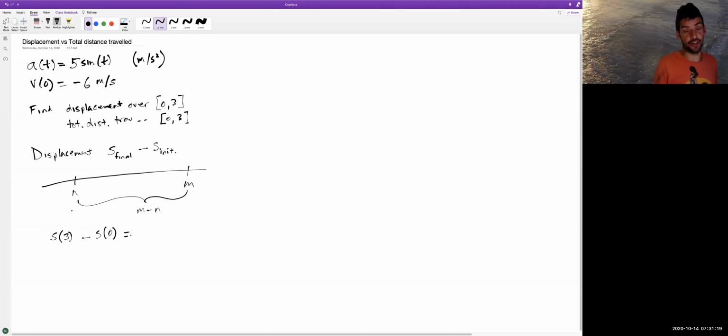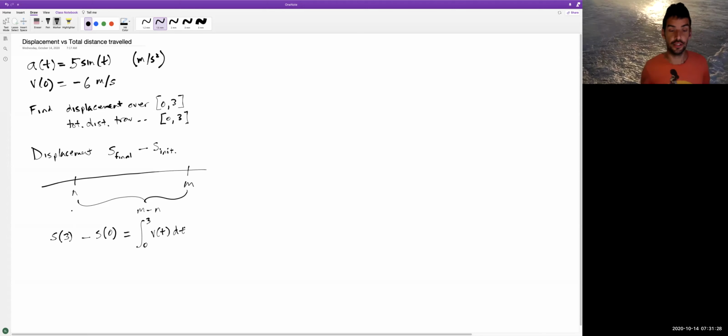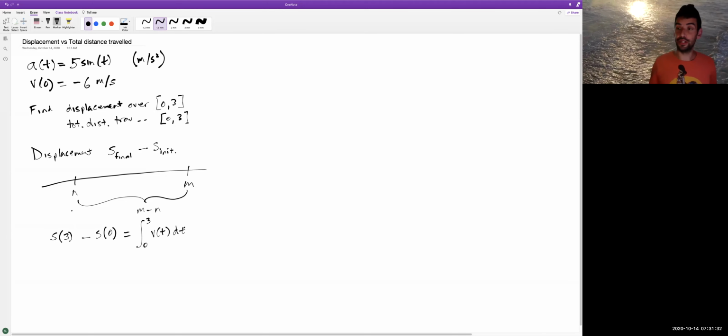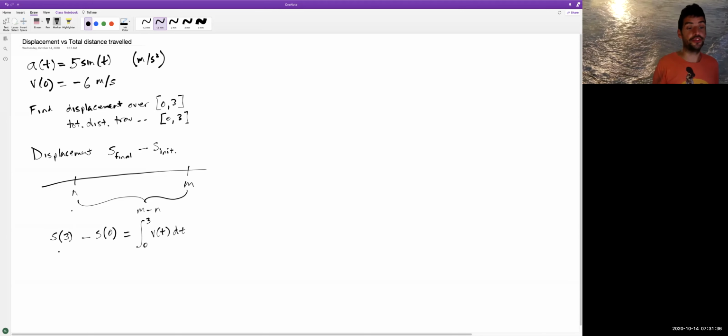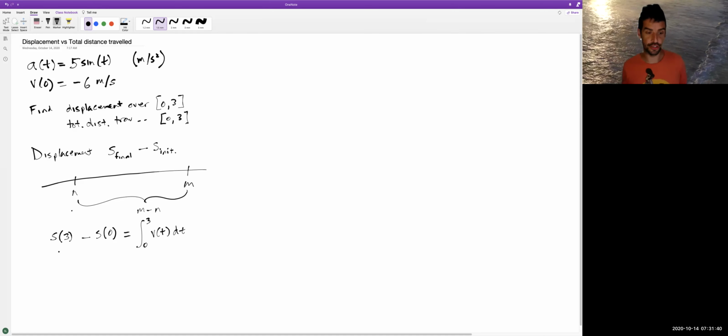This would be given to us if we took the integral of the velocity function, right? Because the derivative of position is velocity. And so this position function is an antiderivative of the velocity function. There's some details in here I'll get to, but that's essentially the case, okay?